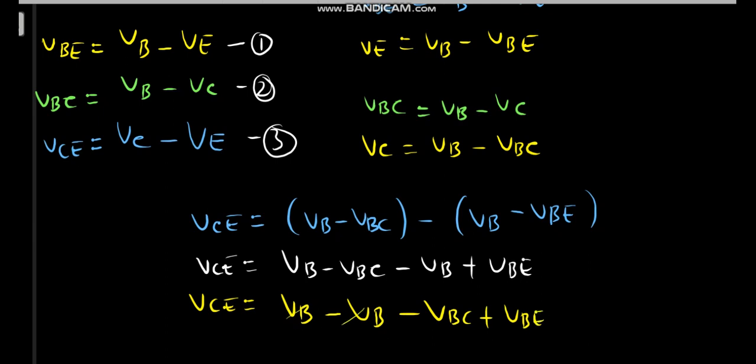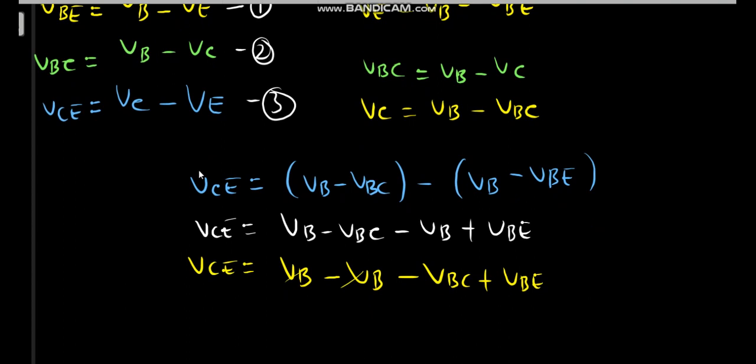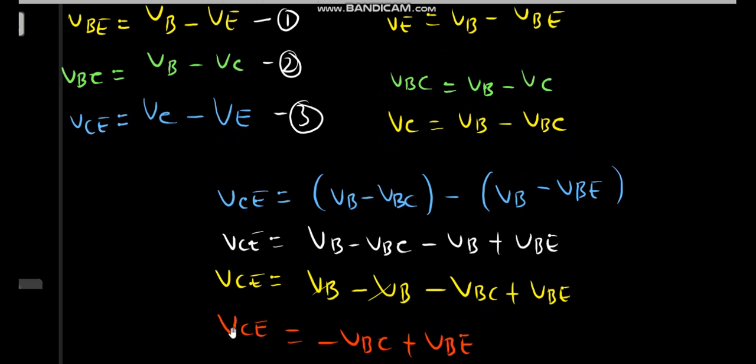So at the end, VCE will be equal to minus VBC plus VBE. This is the simplified form of the third equation, and this will be the relation between the voltages in the transistor.